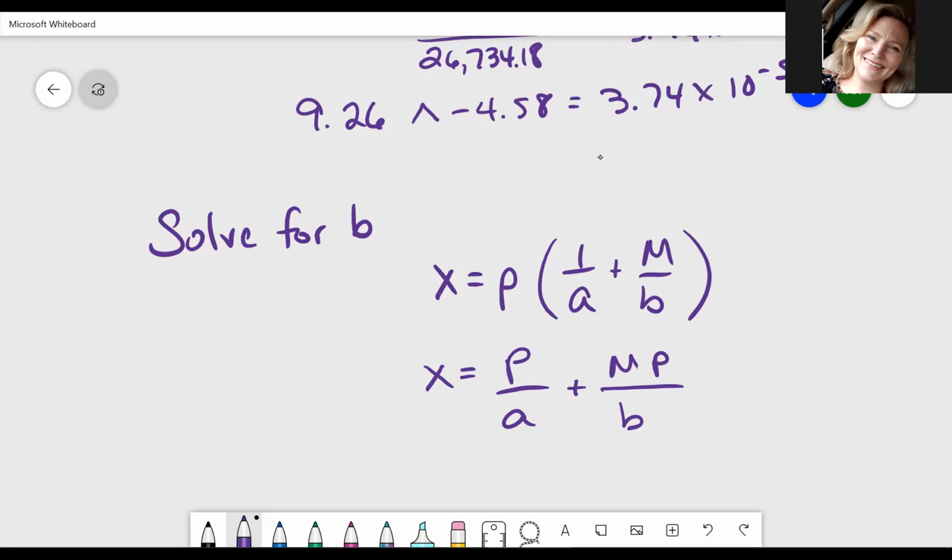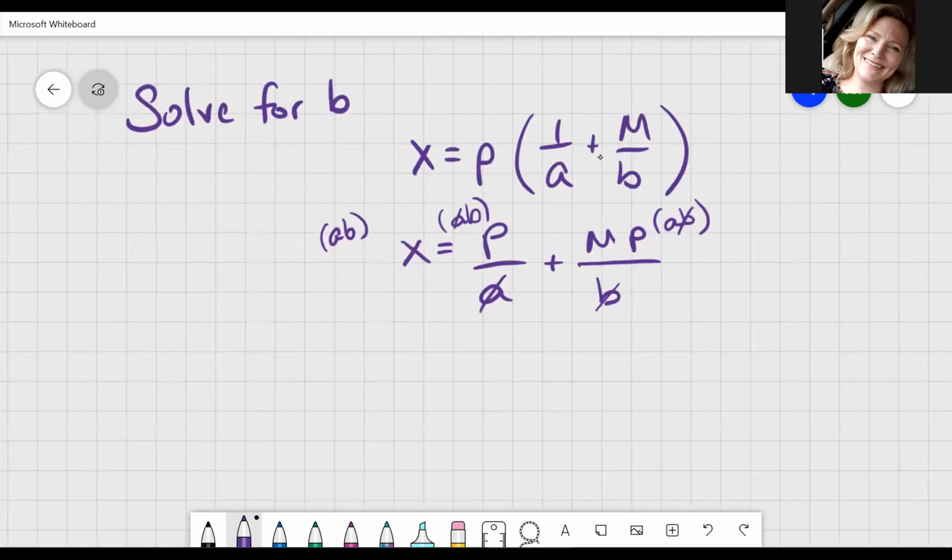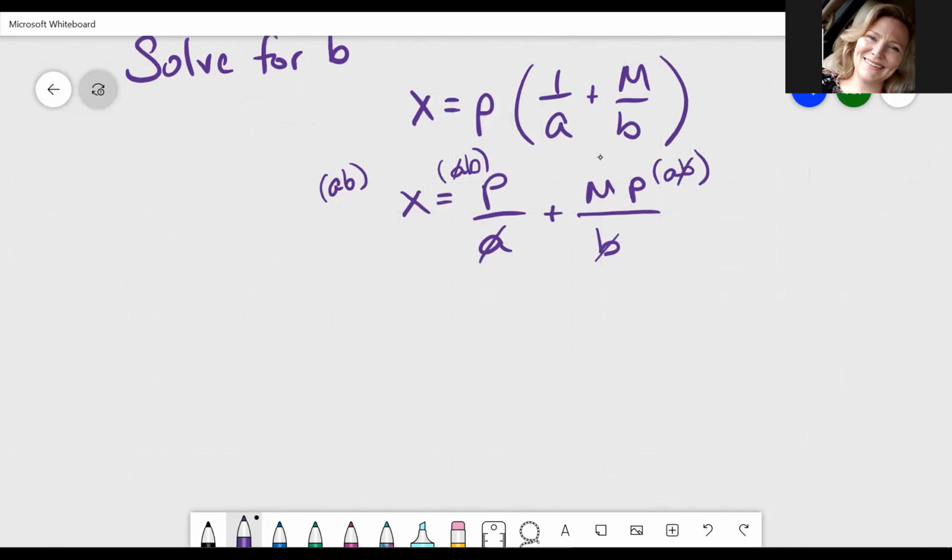Let's eliminate our denominators by multiplying everything by AB, right? And that'll get rid of my denominator. So I'm going to multiply this by AB, this by AB, and this by AB. Remember, when I do that, those A's are going to cancel out. And over here, these B's are going to cancel out. Remember that?